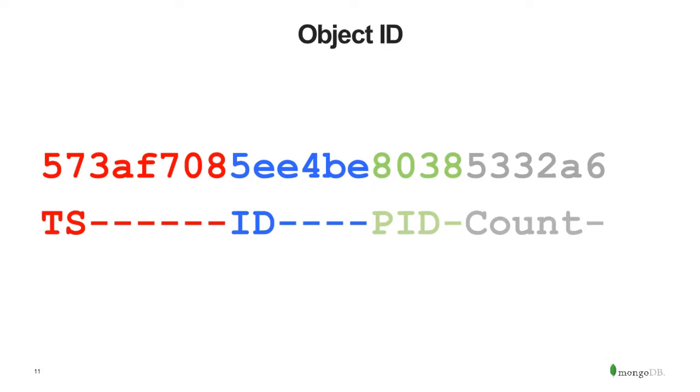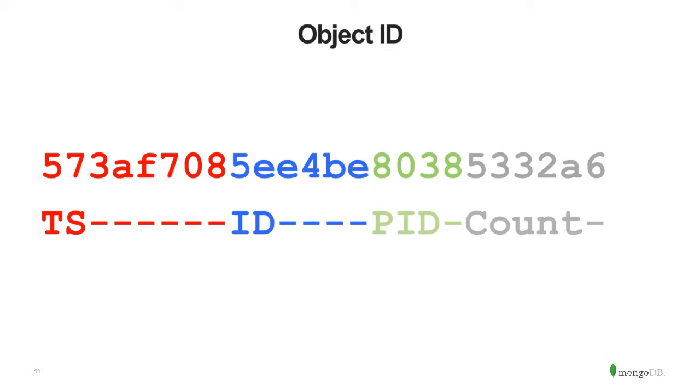And the combination of these fields guarantees that you'll have a unique ID, because the timestamp obviously increments at clock intervals, as fast as, well, in my case, the OSX clock ticks. So you would have to insert millions and millions of documents to roll over the count between one clock tick. So this object ID is guaranteed to be unique.